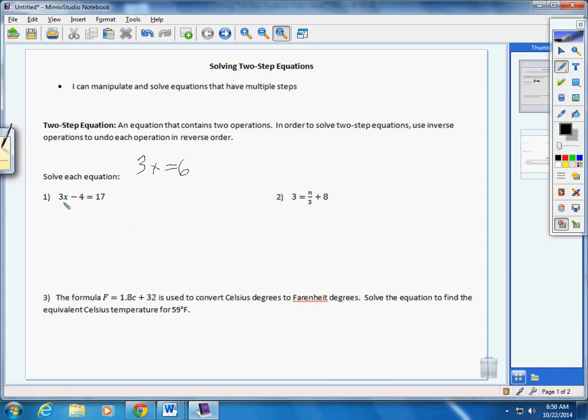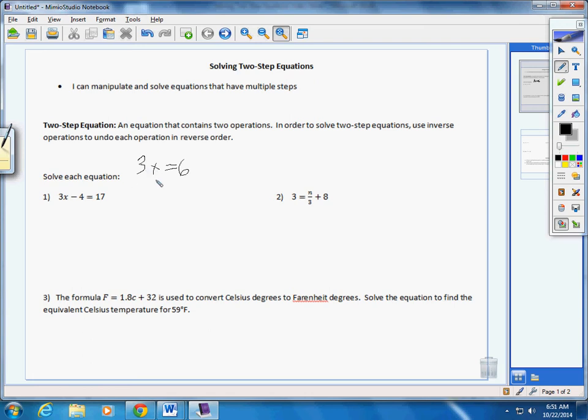Now, we're moving on to something where obviously you're seeing there are going to be more than one operation that you have to perform. Okay? Our definition says that we need to use inverse operations to undo each operation. Well, we've already been doing that. 3x equals 6, we solve it.